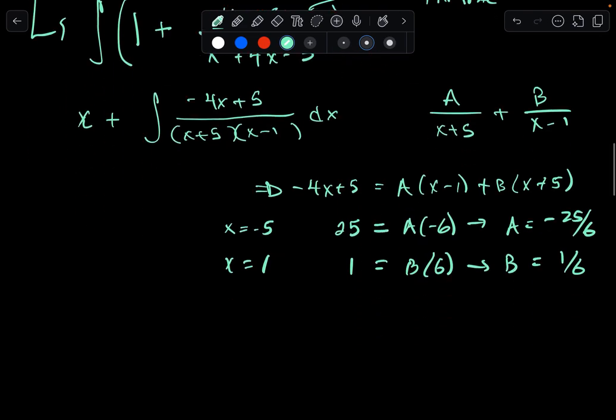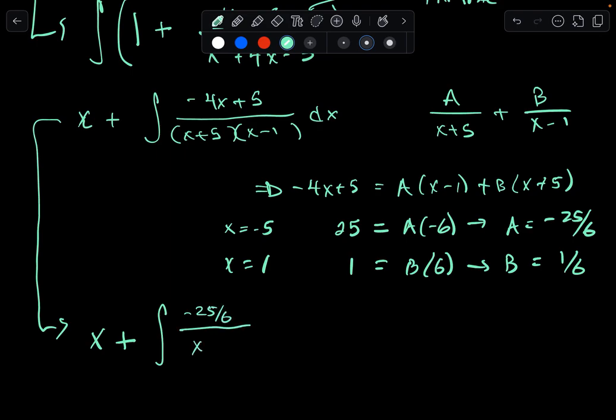Great. So that means our integral here is going to be x plus the integral of what was a, -25/6 over x plus 5, plus what was b, it's our b now, is going to be 1/6 over x minus 1, and then we can do our integral all together now, right?